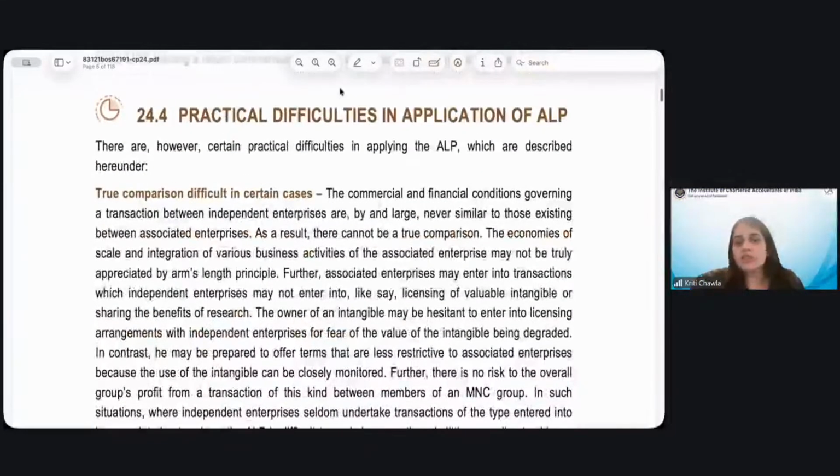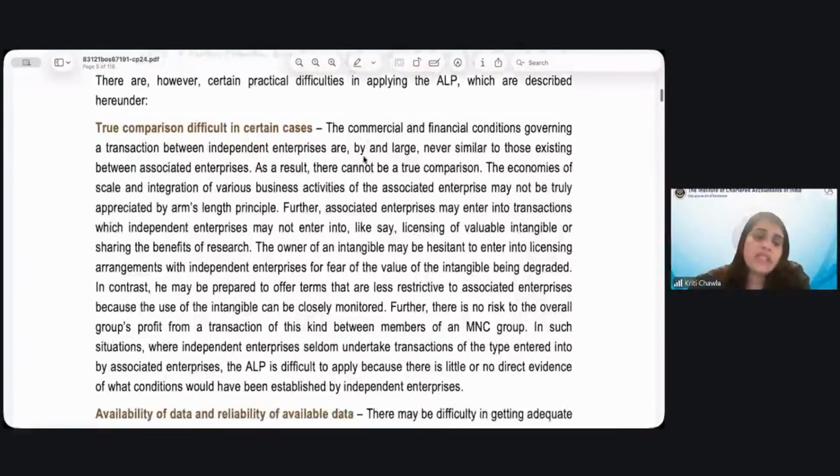Now, these are some of the practical difficulties in application of ALP. It basically says that true comparison is difficult in certain cases. We discussed CUP, the comparable uncontrolled price, in detail, and this is where I told you that to get data for CUP is a very, very difficult task, and this is the reason true comparison is very difficult in certain cases.